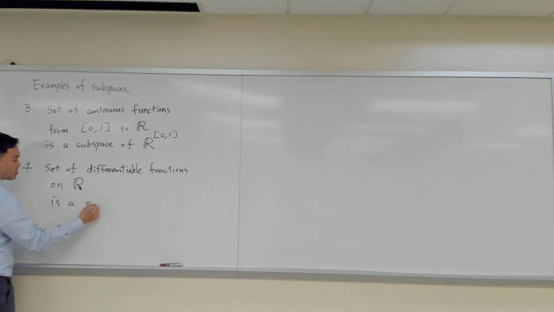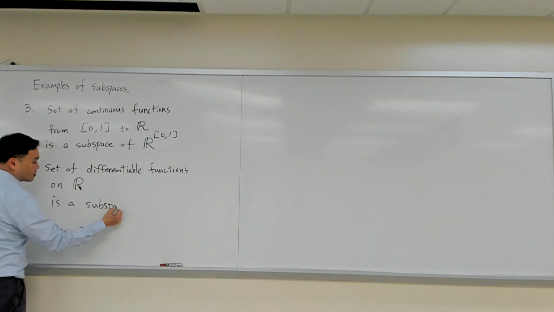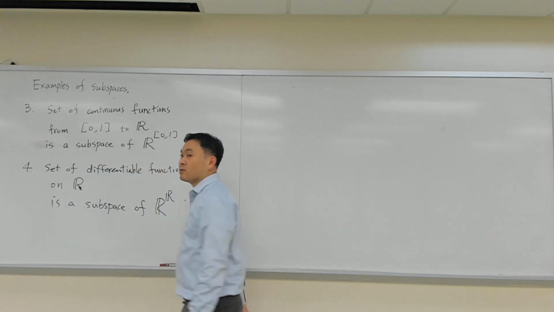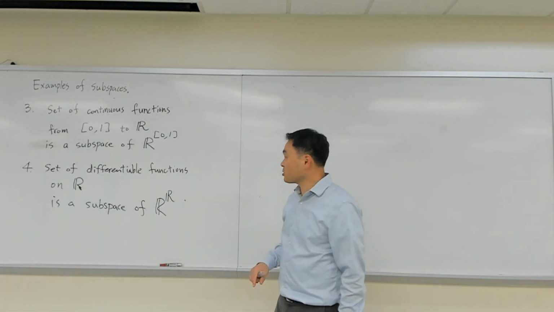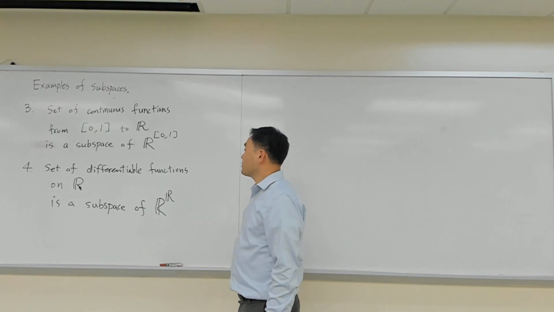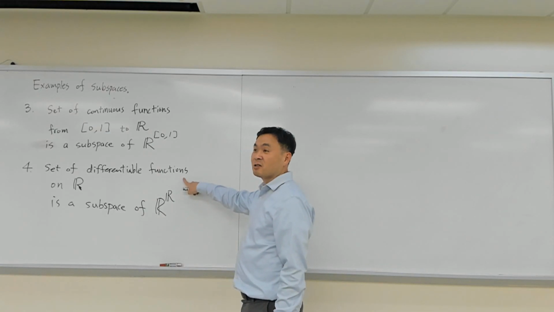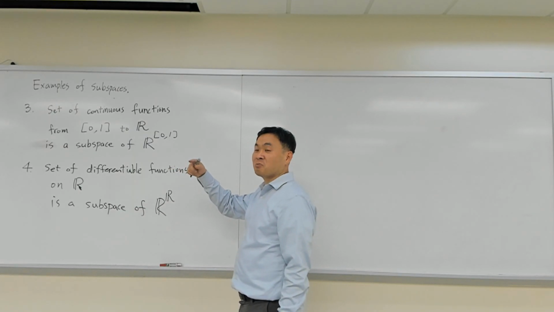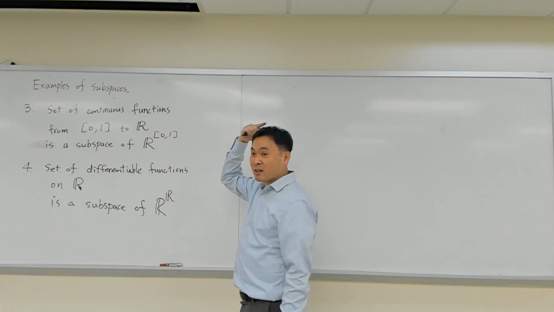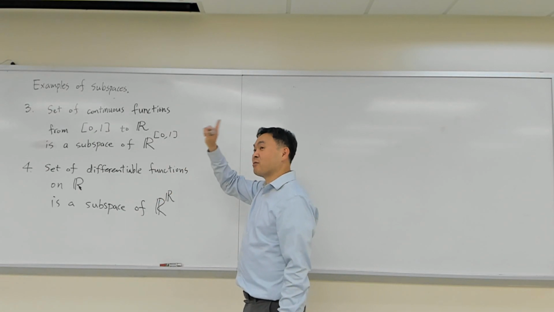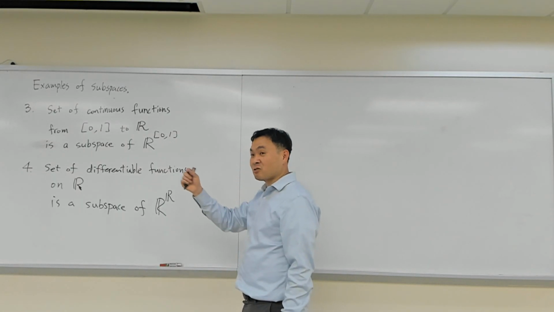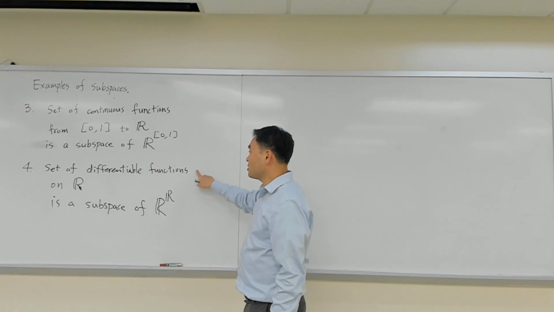Is it a subspace of R to R? If you collect all the functions from real numbers to real numbers, and think about only the subset that collects differentiable ones, differentiable means it has to be continuous, and at every point the tangent line should be defined, which means you can't have sharp turns. If you collect those, it will again be a subspace.